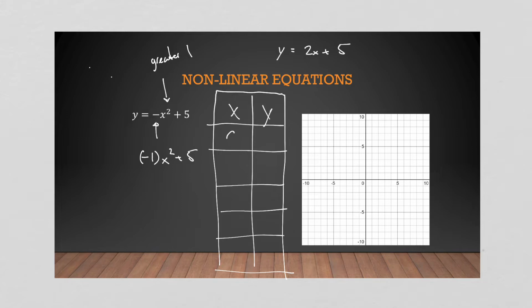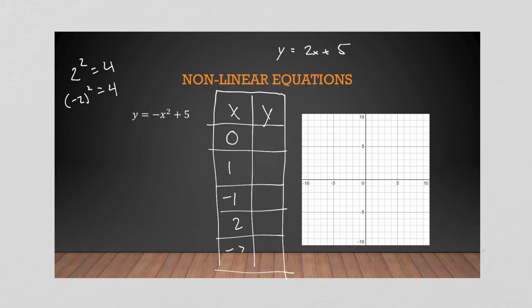So let's start with x equals 0, because x squared is 0 when x is 0, so that's great. Otherwise, since we have x squared, consider the fact that a positive number squared and a negative number squared are both positive. So we want to try both positive and negative values of x. So let's go to 1, -1, 2, -2, and see if we can start to identify some behavior.